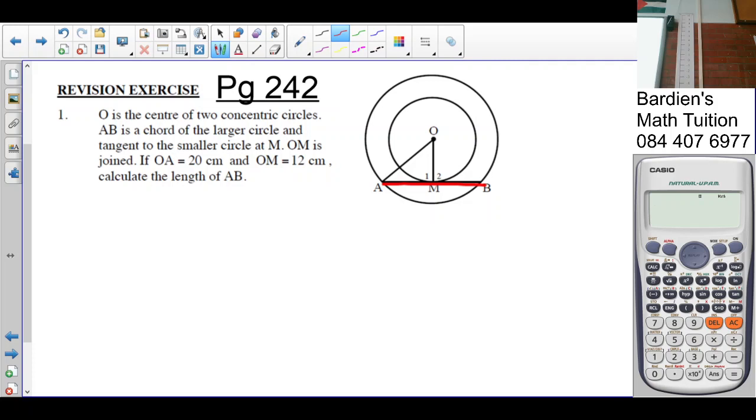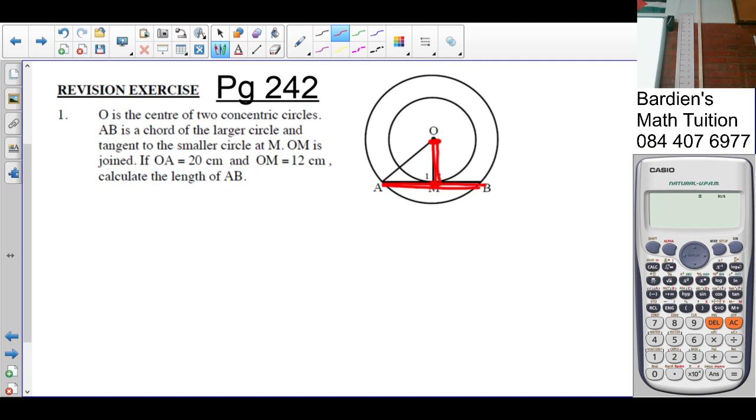So a tangent, we said, is a line that touches at one point only. Then OM is joined. What is OM now? Your radius. So we have the radius and we have a tangent.